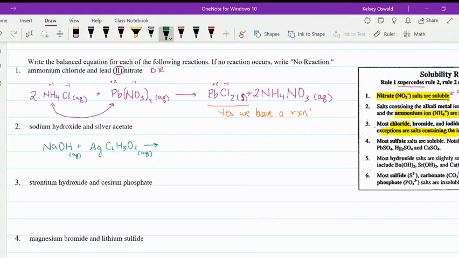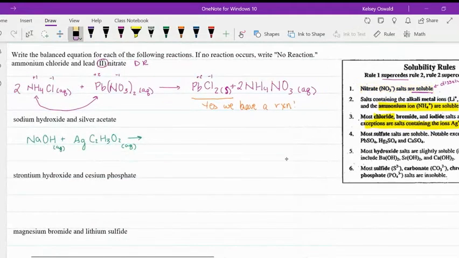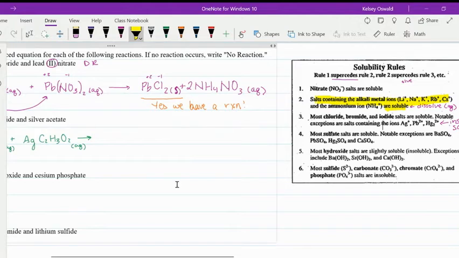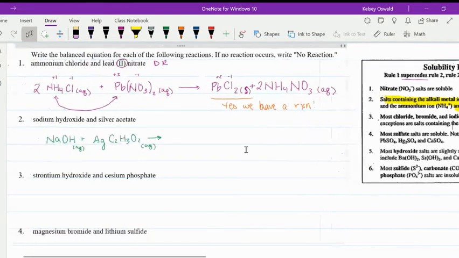Okay, but again, if we wanted to look back at our solubility rules, we'll see that anything containing the alkali metal sodium is soluble, so it will dissolve. Again, it does not matter what a later rule says because rule number 2, that higher up one, says anything with sodium will dissolve.